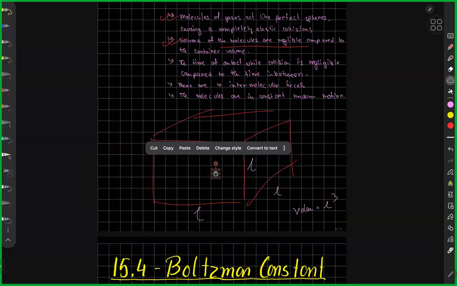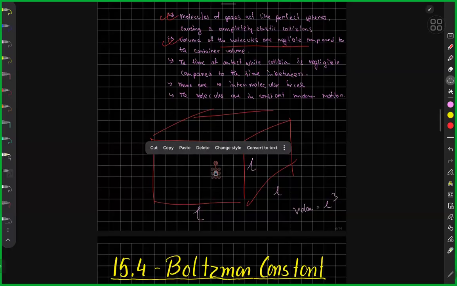In reality, it is very small. It collides with the wall for a very, very small amount of time. And we assume it to be negligible, meaning pretty much zero.